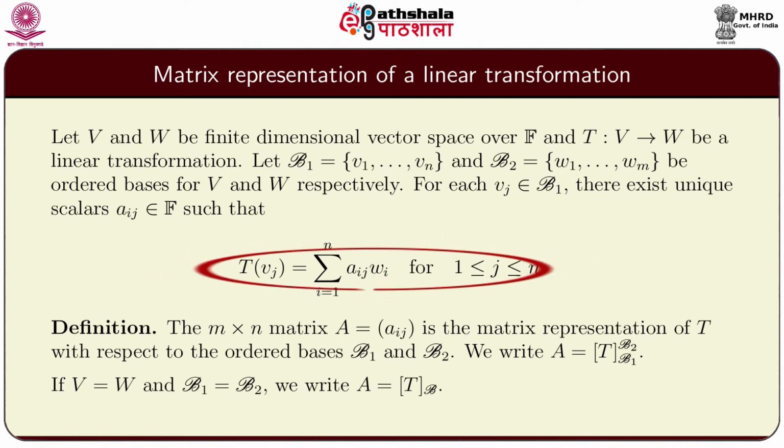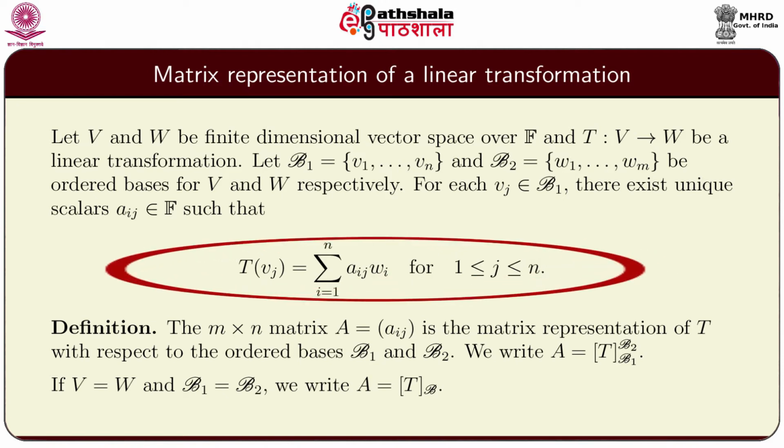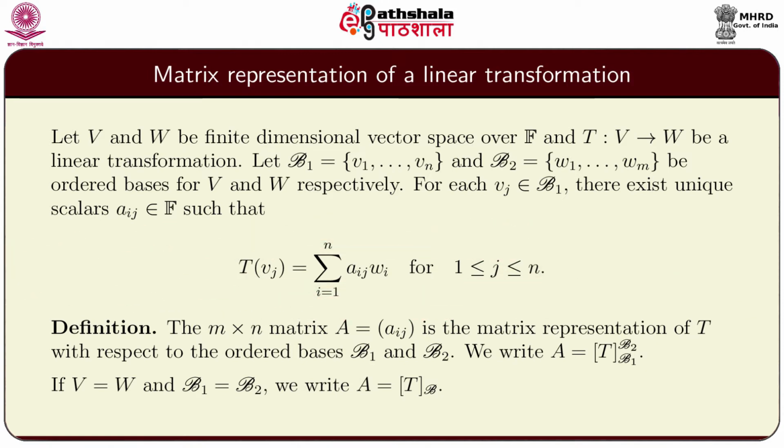And that is what you see, that T(vj) is equal to the summation i equal to 1 to m of aij wi, where aij's are unique scalars in the field F. It is clear that the purpose behind this double indexing is that we have the vectors vj's and the vectors wi's, and we want to write each T(vj) as a linear combination of the wi's.